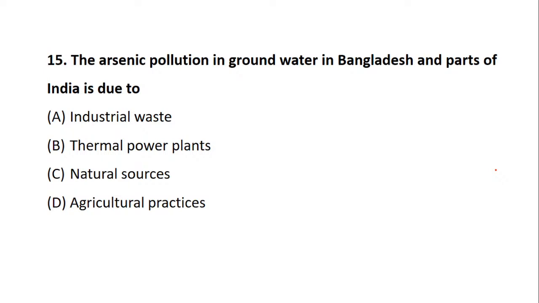The arsenic pollution in groundwater in Bangladesh and parts of India. So what is the source of arsenic pollution in groundwater in Bangladesh and India? Whether it is industrial waste, thermal power plants, natural sources, or agriculture practices. Which is the right answer?